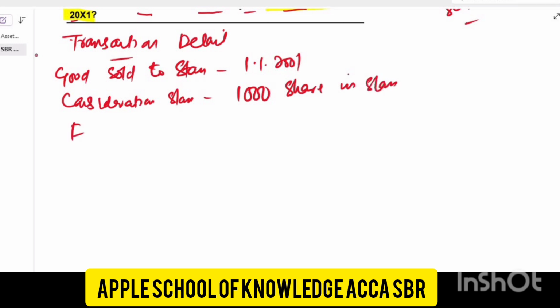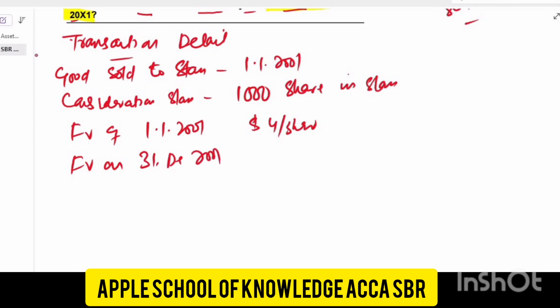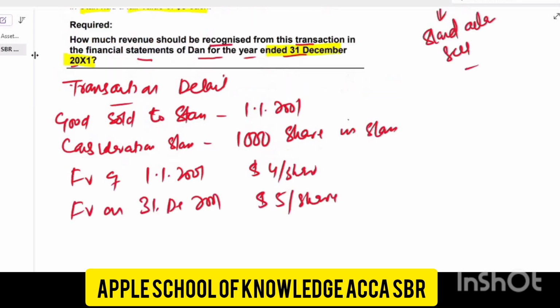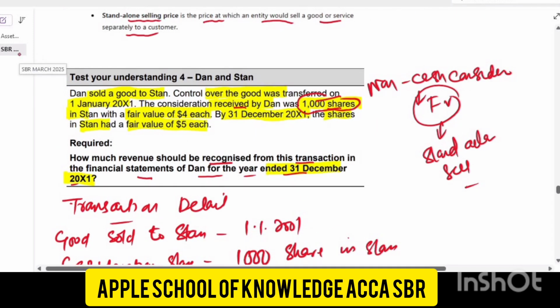Now the fair value of the Stan share on 1st January 2001 is $4 per share, and they also mentioned that the fair value on 31st December 2001 will be $5 per share. This is the transaction detail which I have written.